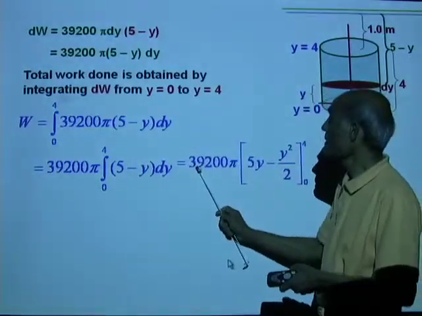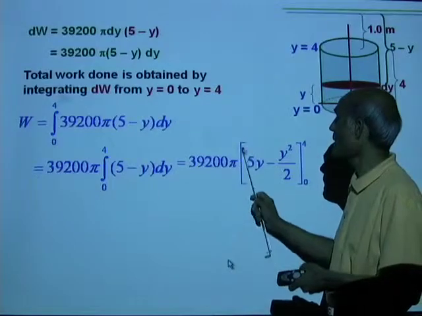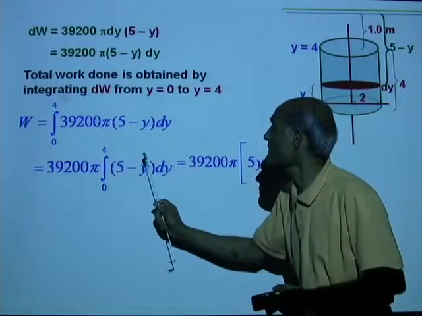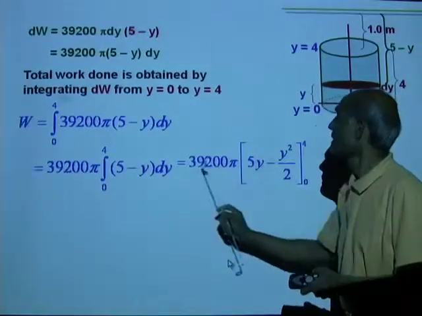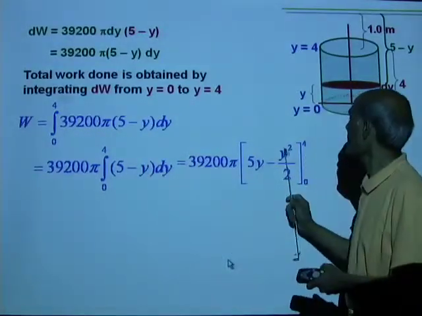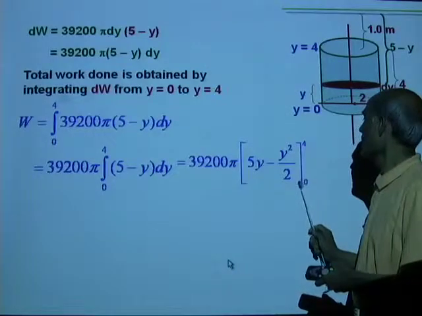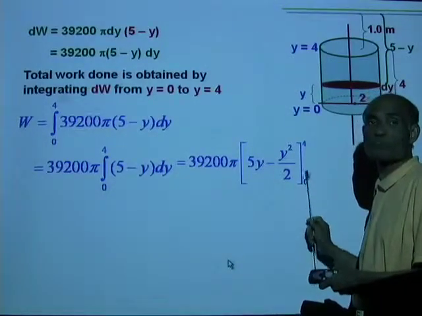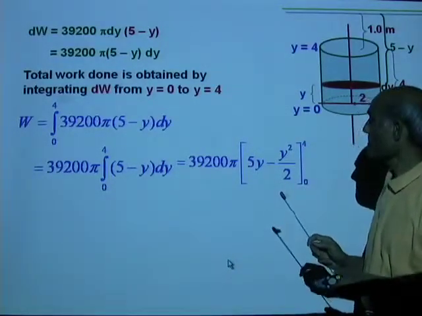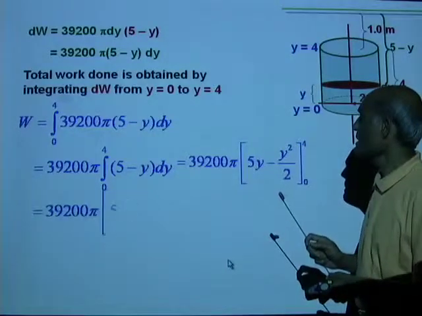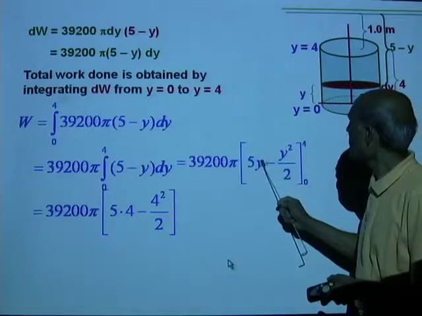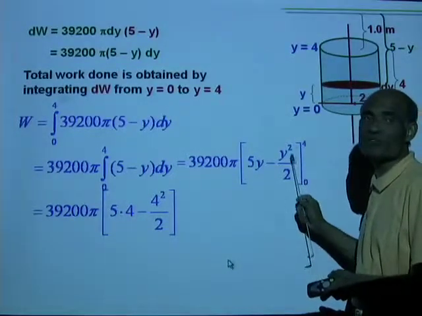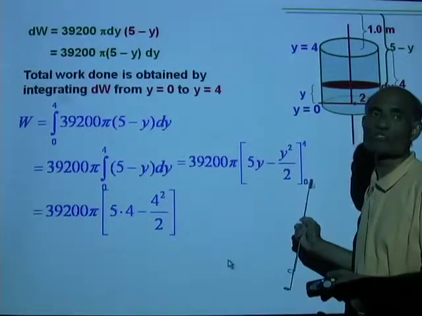So that will be 39,200 pi times the integral of 5 dy, which is 5y, minus the integral of y dy, which is y squared over 2, and y changes from 0 to 4. We can now apply the limits, apply the upper limit. Of course, you don't need to apply the lower limit because it is 0.